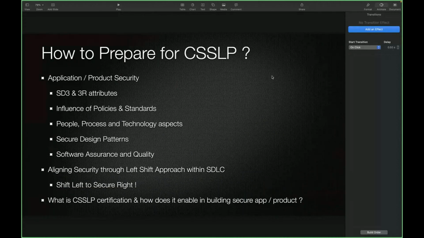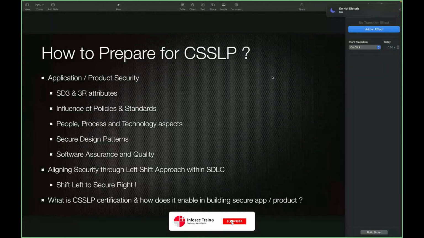Until now, we have been talking about the different aspects of application and product security, covered at a very high level from a CSSLP standpoint.